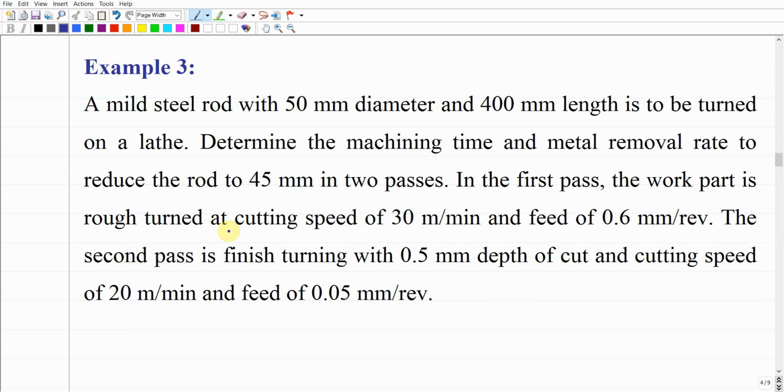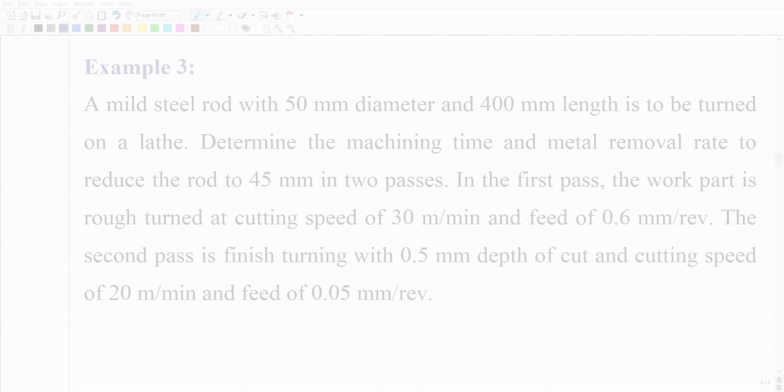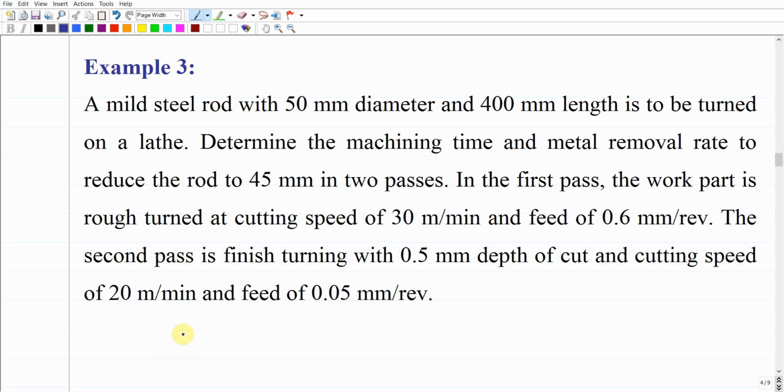Make sense? Now let us move to the last example for the turning operation, which is example number 3. The difference between this example and the previous two is that in examples 1 and 2, the turning operations were done over one single pass. But here, we're going to split it into two passes.